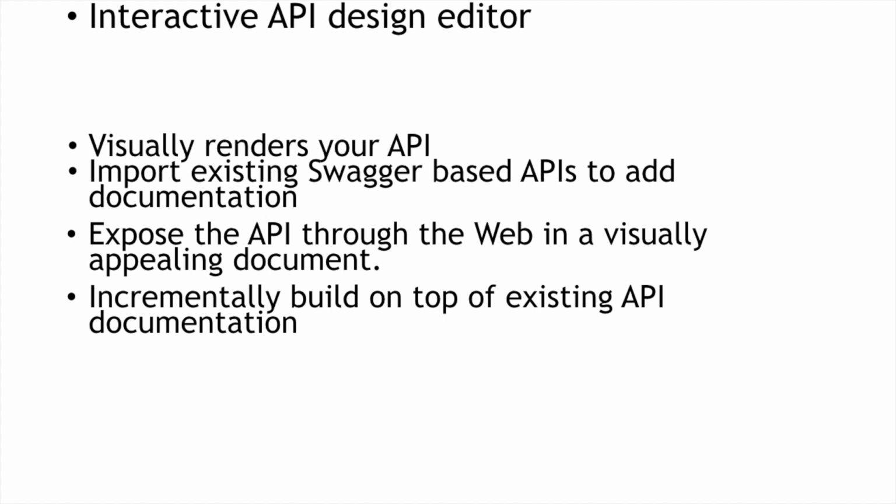We expose the API through the web in a visually appealing document that can be integrated in many different REST services, such as Django or Flask or many Java-related REST frameworks. We build incrementally on top of existing API documentation that allows us to leverage other people's efforts and integrate this in a very large API document that we can share in our activities.